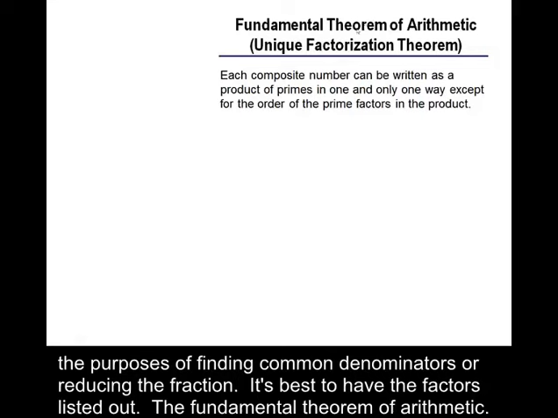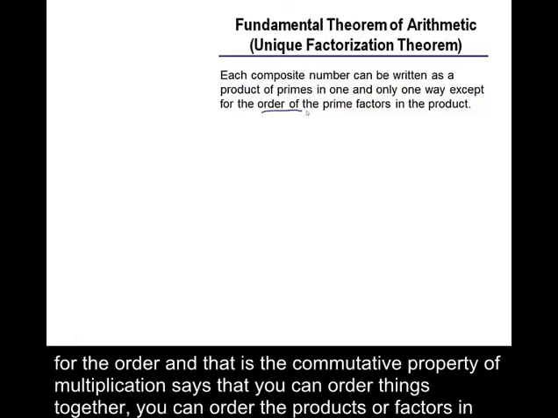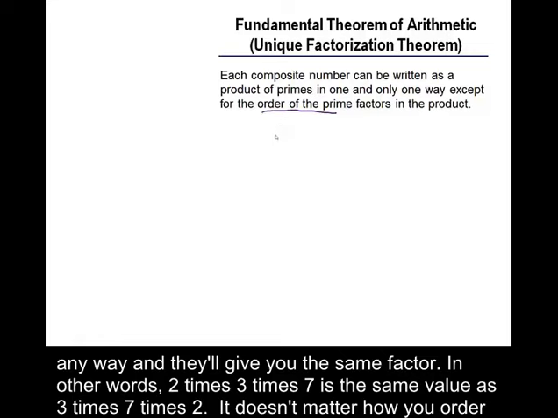The fundamental theorem of arithmetic, unique factorization theorem. It's saying that every composite number can be written as a product of primes in one and only one way, except for the order, and that is the commutative property of multiplication. It says you can order the products or the factors in any way, and they'll give you the same value.